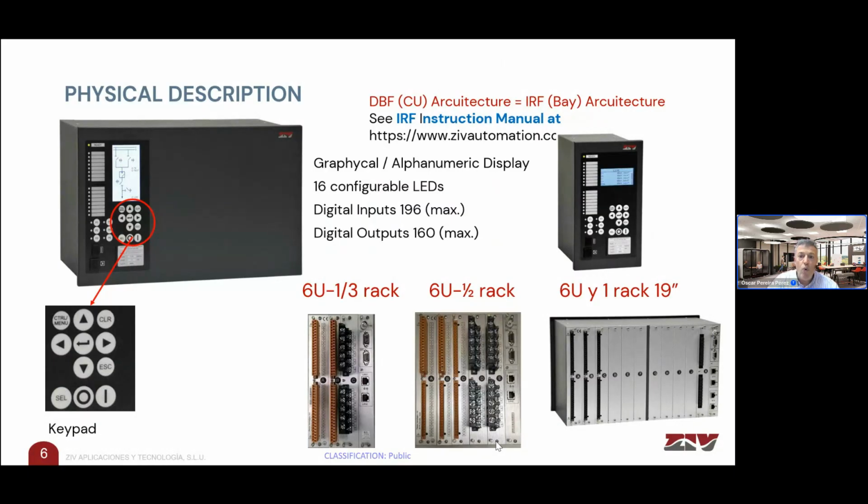While the central unit is housed in a 1/3 rack box, the bay units can be bigger or smaller depending on the application and your needs. So we may have bay units of 1/3 rack, half rack, or even one complete 19 inch rack. Depending on that, I am showing you the maximum number of digital inputs or outputs per bay unit, the IRF, okay?